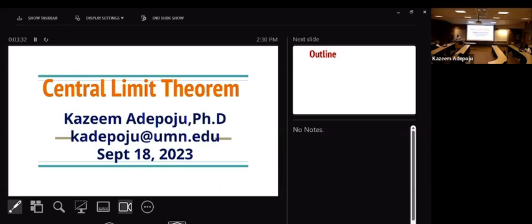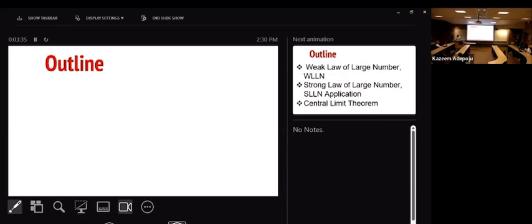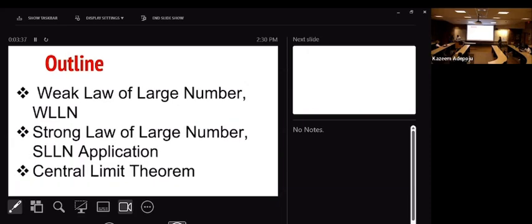Okay, so in the outline today, I'm going to revisit the law of large numbers because I need to be able to explain the relationship, if any, between the law of large numbers and the central limit theorem. I also quickly want to mention, as far as the law of large numbers is concerned, we've got two types.